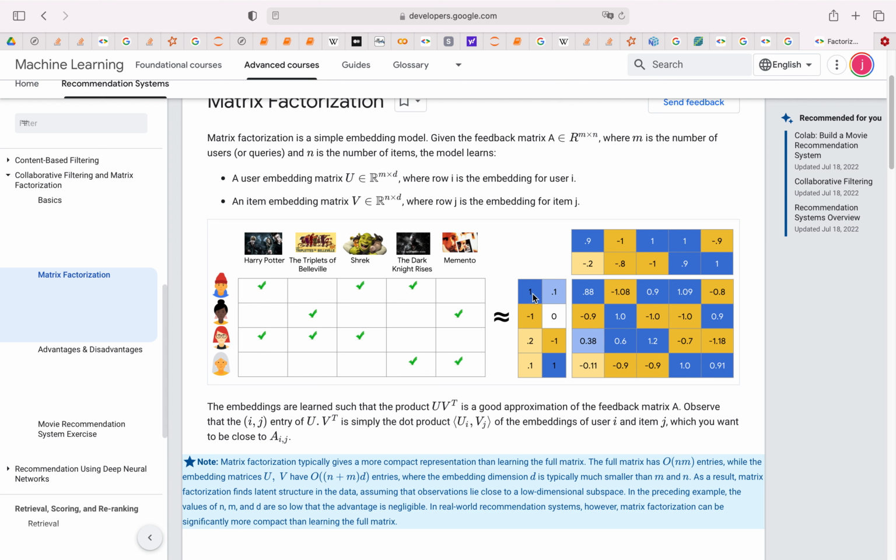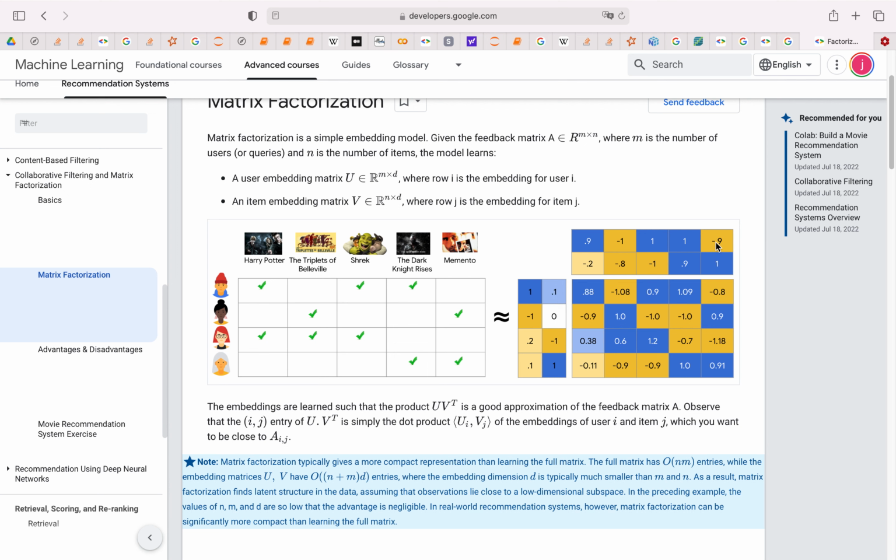With the dot product between the user and item vectors, you can generate a matrix which is supposed to be similar to this feedback matrix.